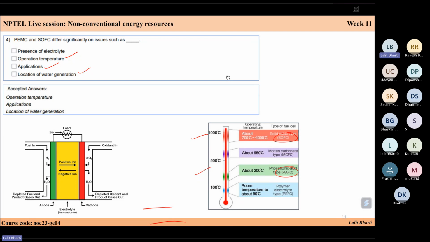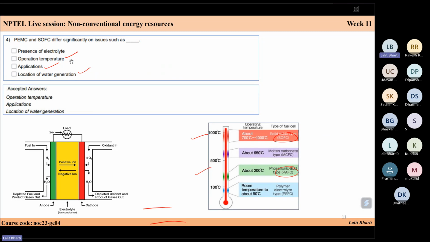We know that proton exchange has H plus ions moving, and solid oxide has O2 minus ions. So presence of electrolyte does not differ significantly, because in both cases we have some electrolyte. The electrolyte is different, but in both cases the presence of an electrolyte is there.